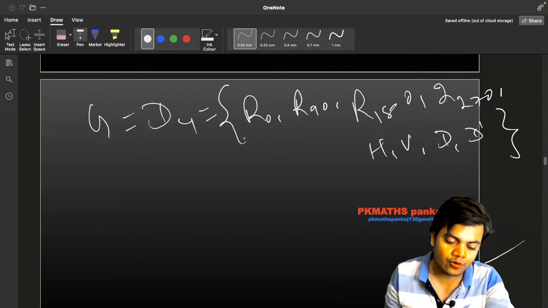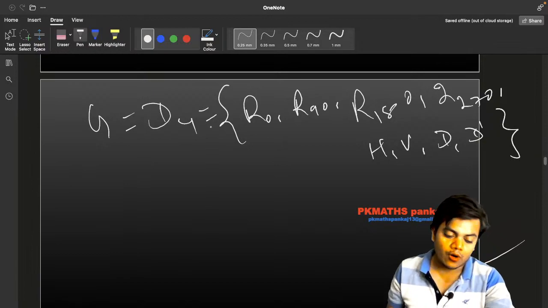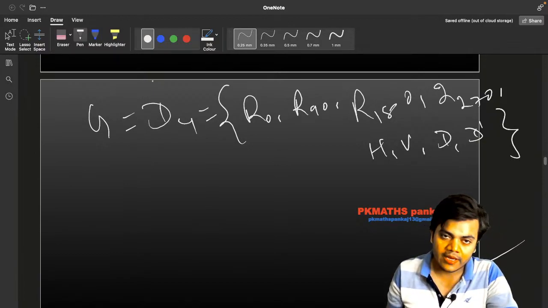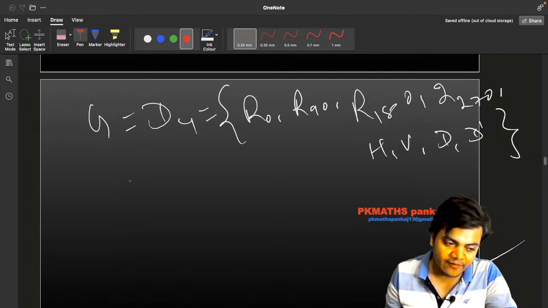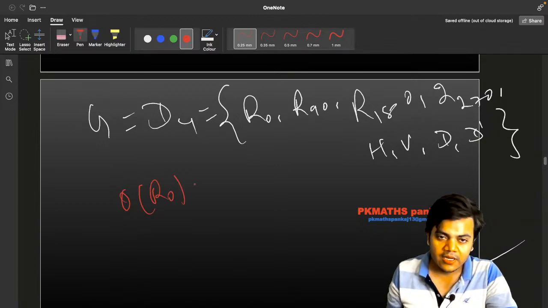If this is the group, then the order of all elements, I mean to say, if I ask about R0, then its order will be 1 for sure. What about the order of R90?